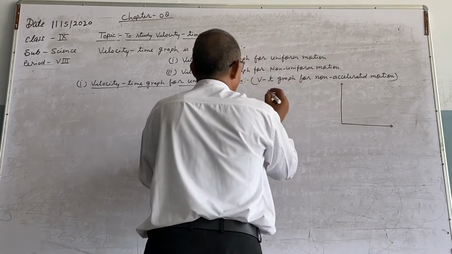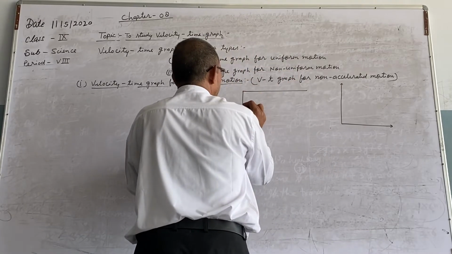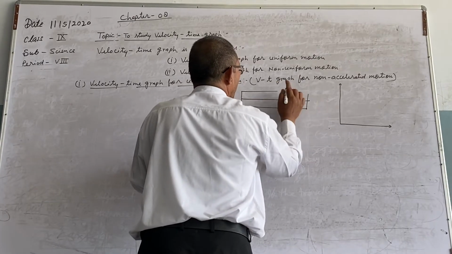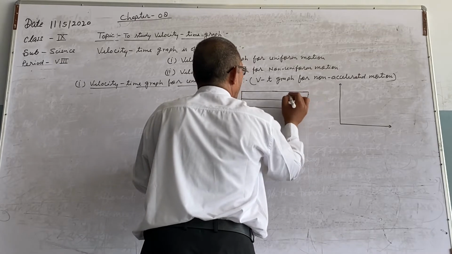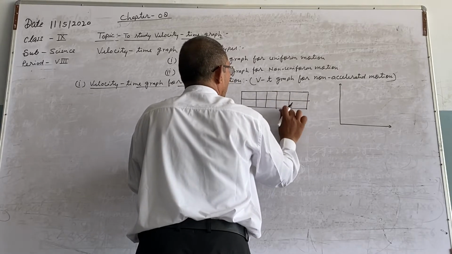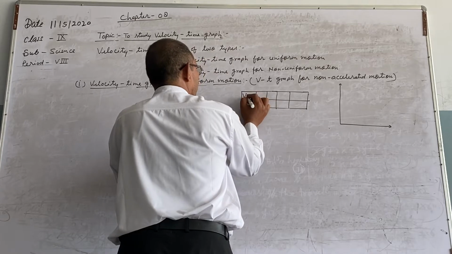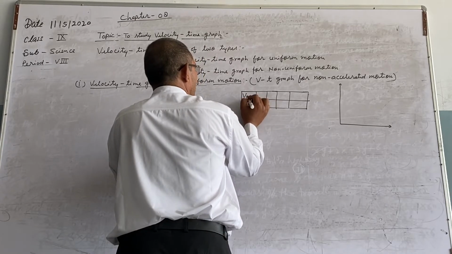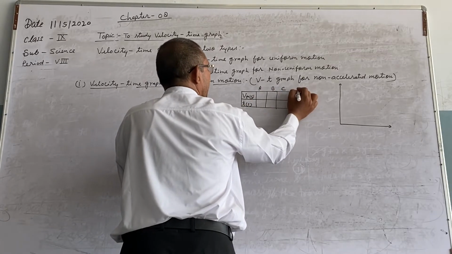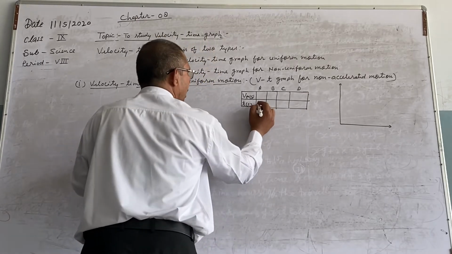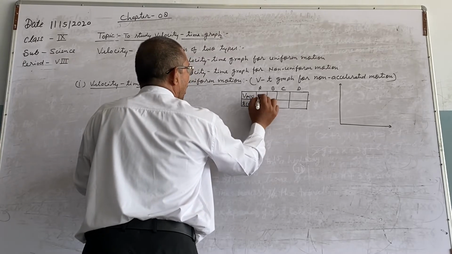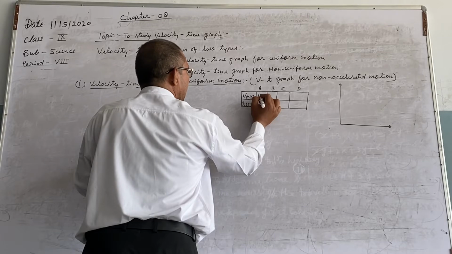Suppose a data is given like this. Here velocity meter per second, time in second, point A, B, C, D. Let at time t0 velocity is 10 meter per second.